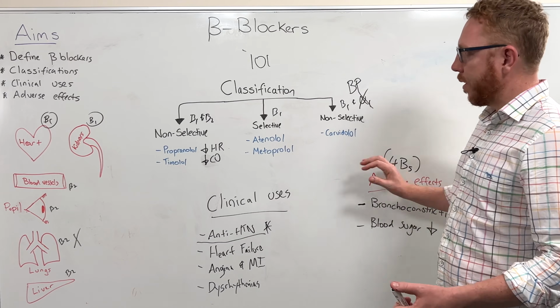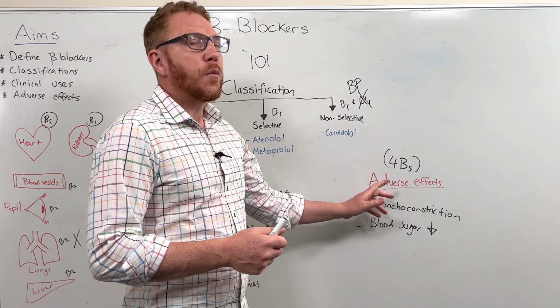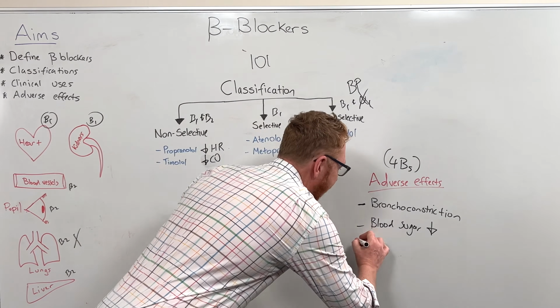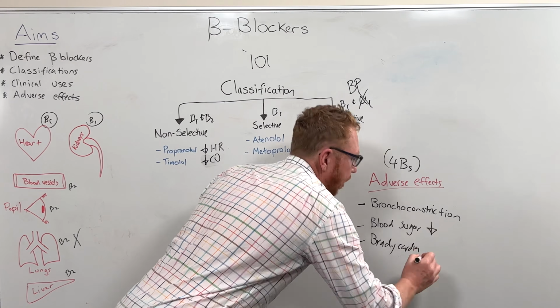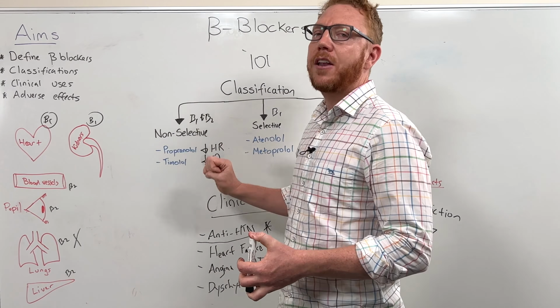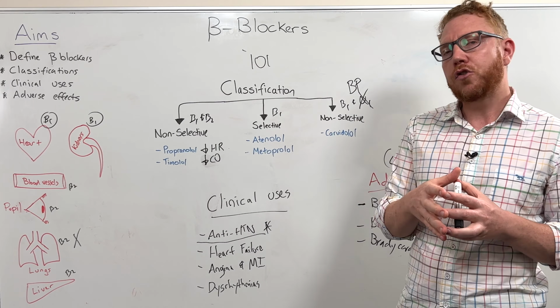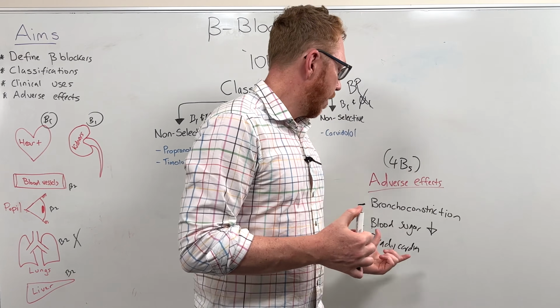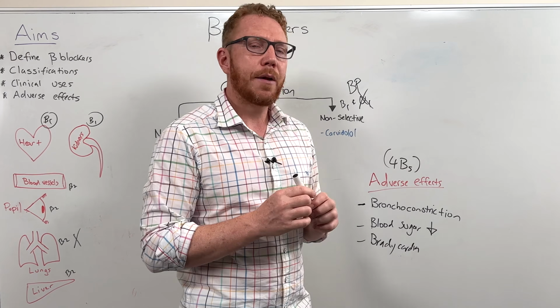Just to finish off with the adverse effects, other adverse effects you would expect to see, to complete the B's, is bradycardia. So in some cases, too much beta blocking is going to slow down the heart too much, particularly if the heart is already damaged through certain ischemic injury, and that could lead to problems with the heart being too slow, and therefore you might get certain heart blocks.